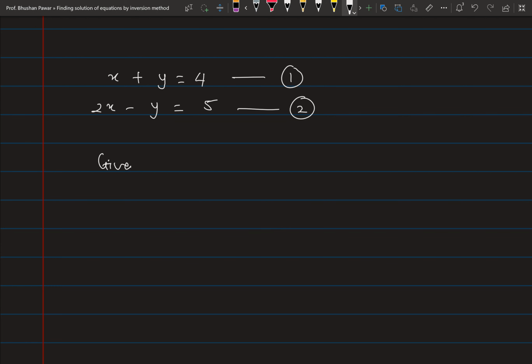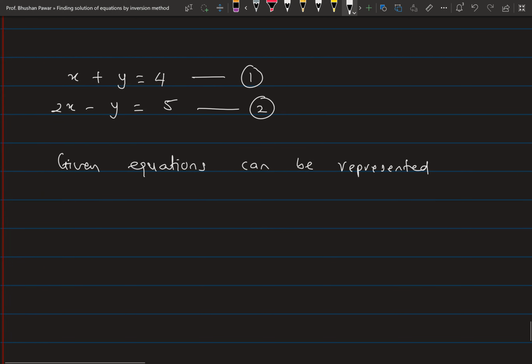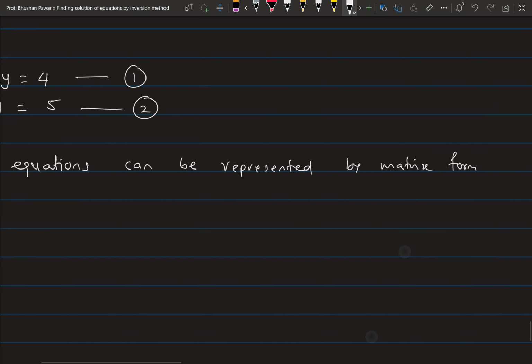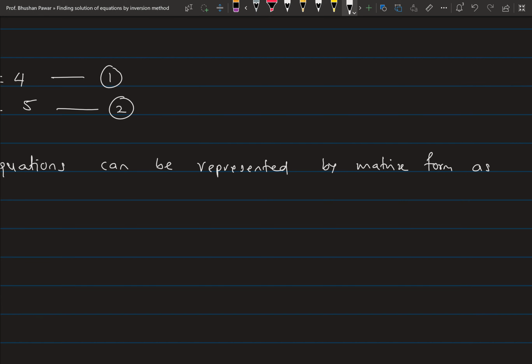So the given equations can be represented in matrix form as follows.